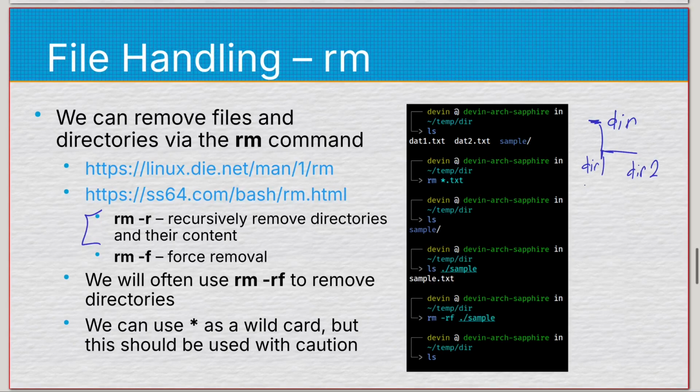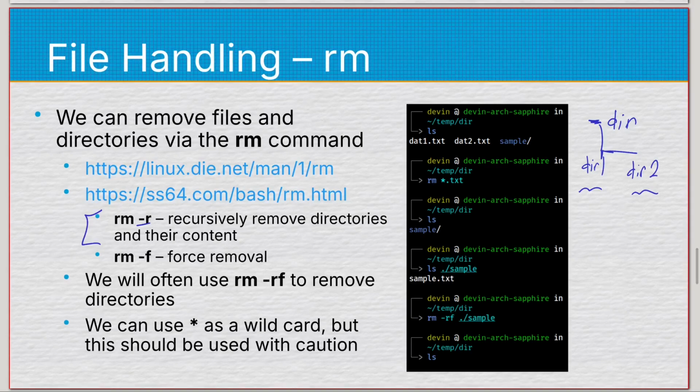I'll just assume that there is some contents in both of these directories. If I tried to remove dir1 by itself with plain rm, it's not going to let me do it, possibly because this is not an empty directory. It's not going to let you just delete everything in there without this parameter, because this parameter basically specifies, hey, remove this directory and any contents that it happens to have inside of it.